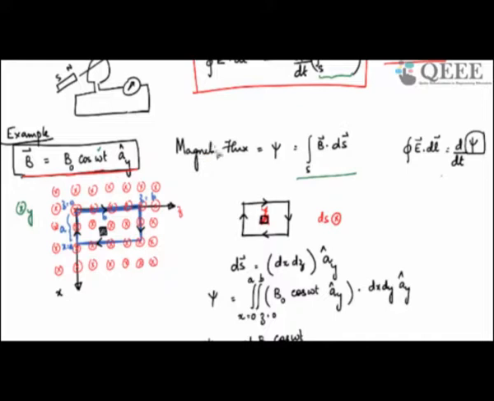The magnetic flux is the surface integral of B dot ds, and we have to be careful in calculating this surface integral. We want to find out where the surface normal is.